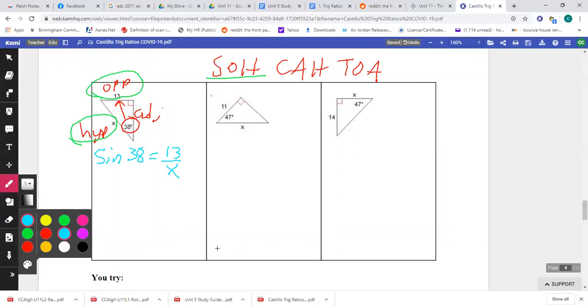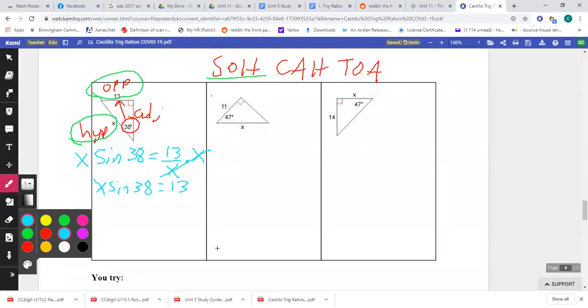I'm going to multiply both sides by x. So the x's cancel on the right side, and now x is on the top, which is what I want: x sine 38 is equal to 13. The x is still not by itself though.